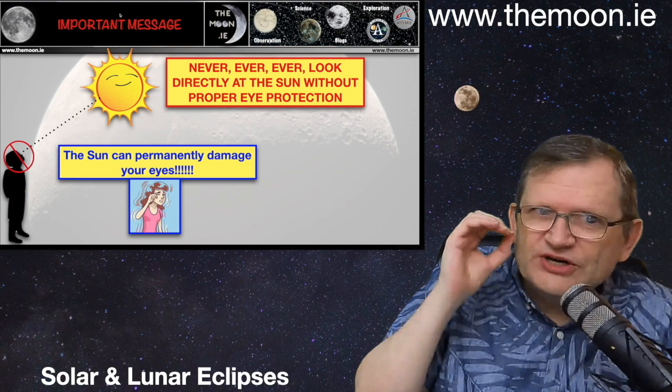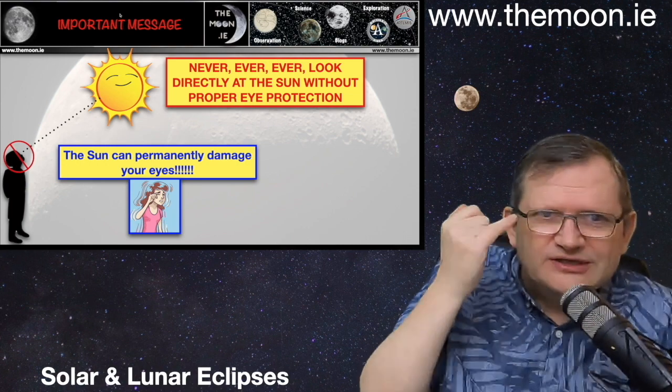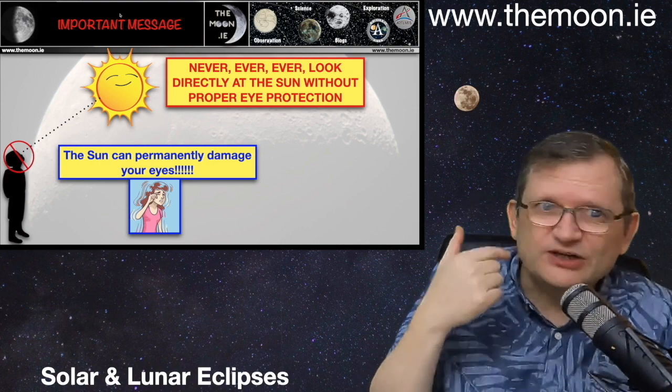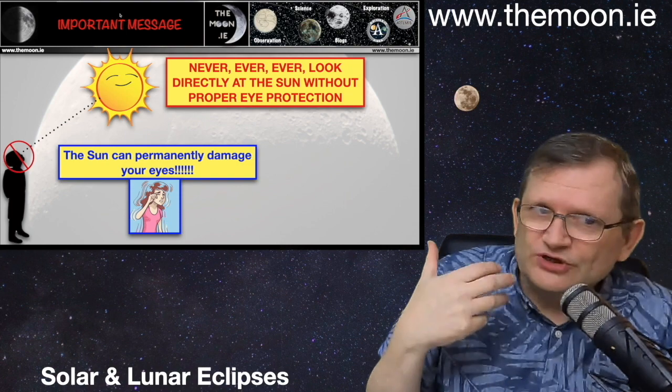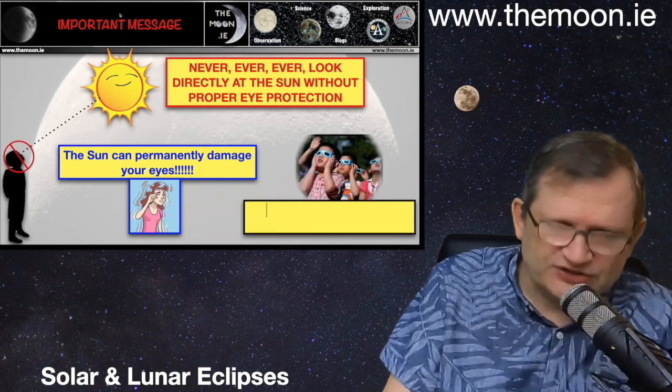And there are no pain nerves in the back of your eye. So if the sunlight is concentrated in the back of your eye and it starts to burn the back of your eye, you won't feel it. So you can damage your eye without even knowing it. So please, never ever look at the sun directly.